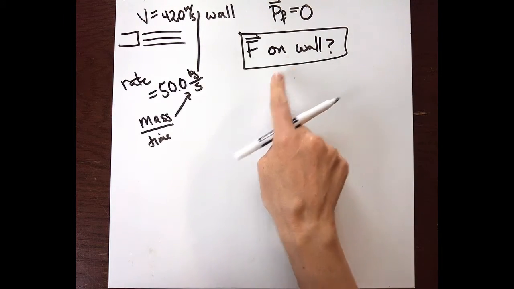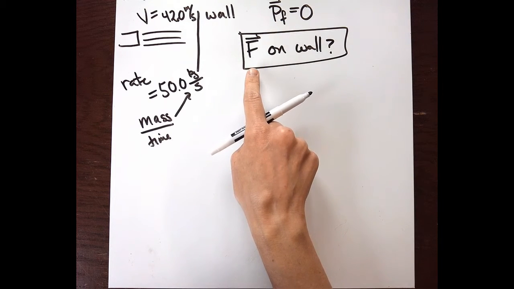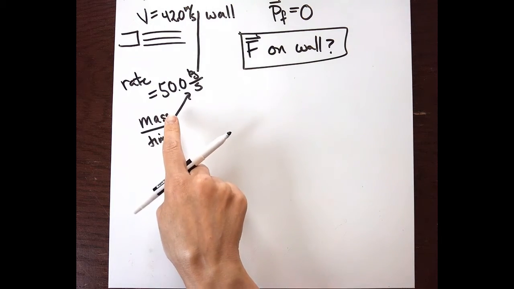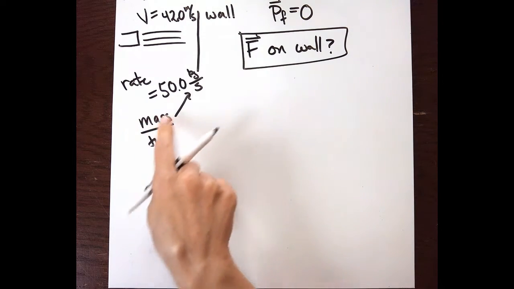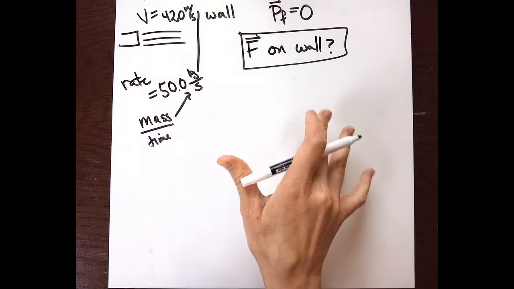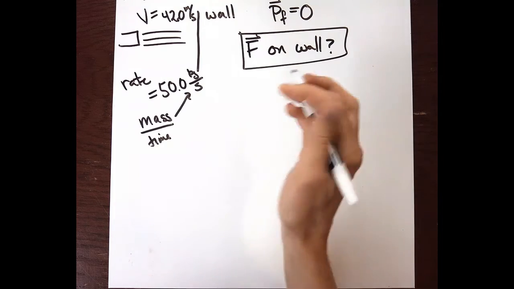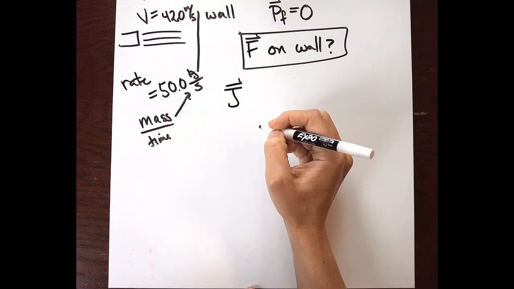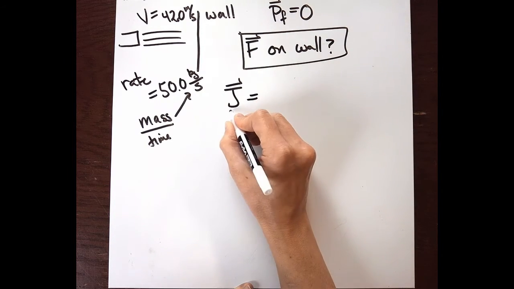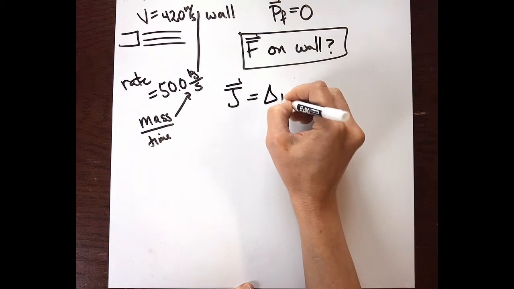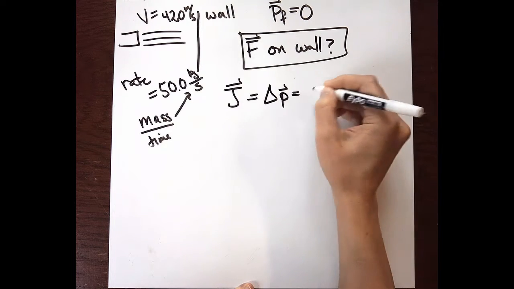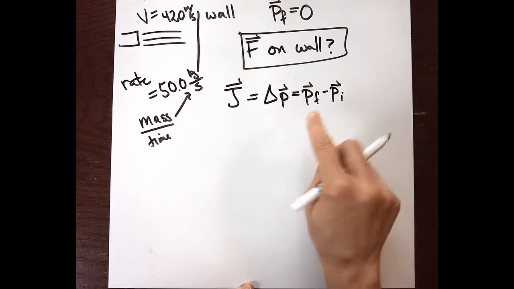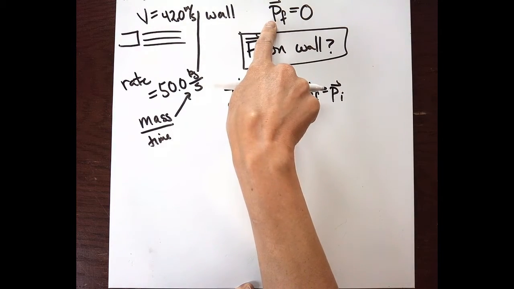So what do we have? We know stuff about momentum. We want something about force. We have speed information here, and we've got mass and time mushed together here. So all of those together say probably this is an impulse problem, plus the fact that's the chapter we're in. So impulse, which is J, that's the change in momentum: the final momentum minus the initial momentum.